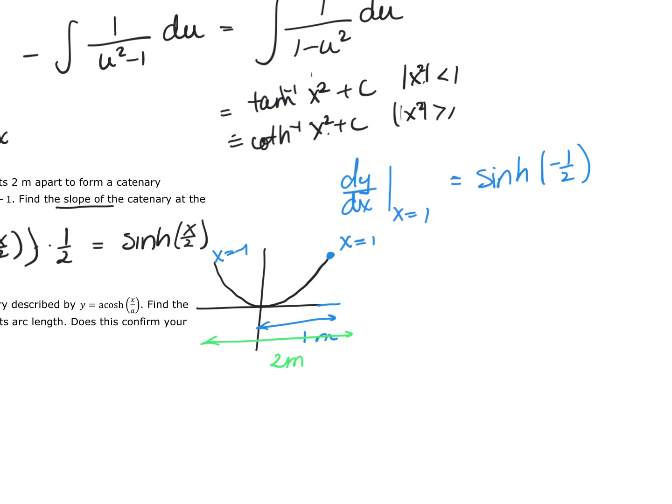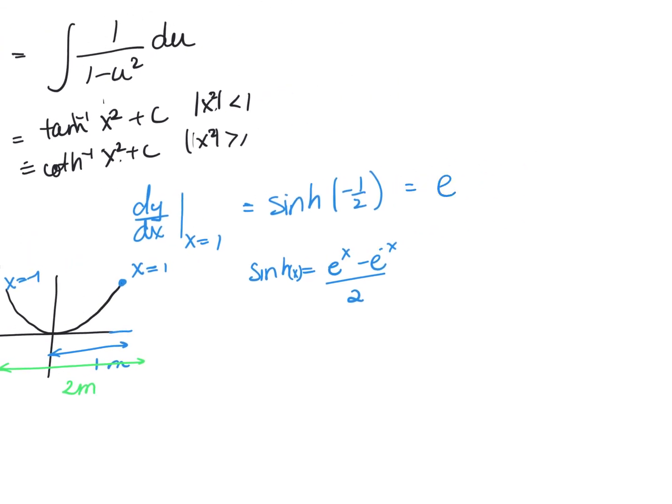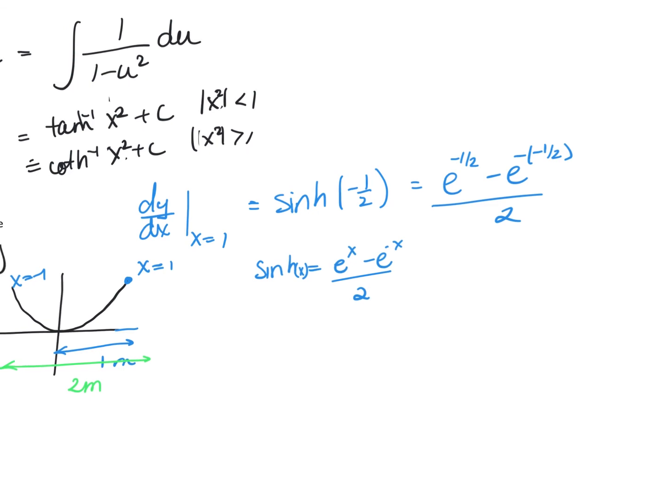So we know that the hyperbolic sine of x is equal to e to the x minus e to the -x divided by 2. So then this must be equal to e raised to the -1/2 minus e raised to the 1/2 divided by 2. And whatever that is, is the actual answer.